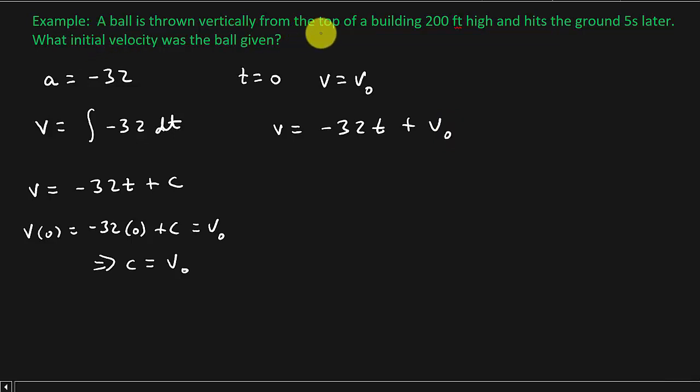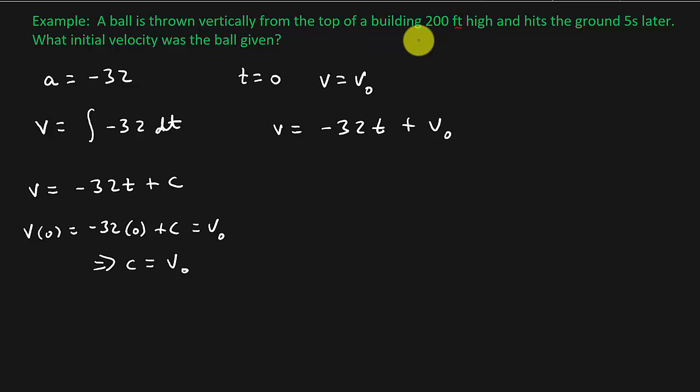Well, it says a ball is thrown vertically from the top of a building 200 feet high. What does that tell us? Well, the building's 200 feet. So would you agree that at time t equals 0, at 0 seconds, the height of the ball is 200 feet?